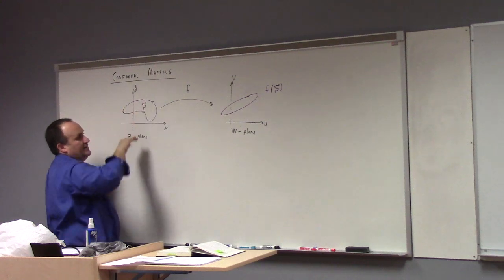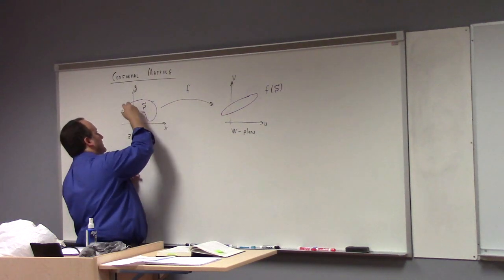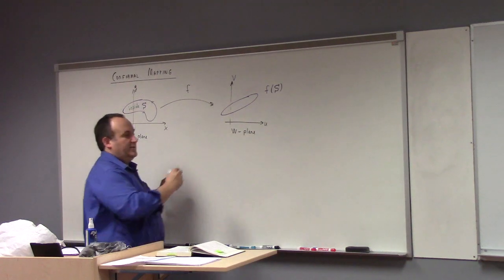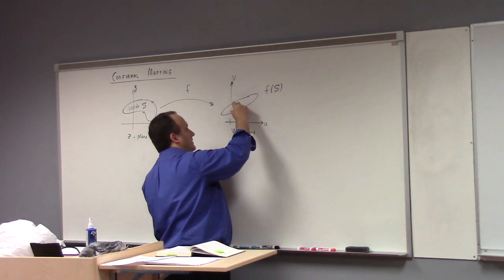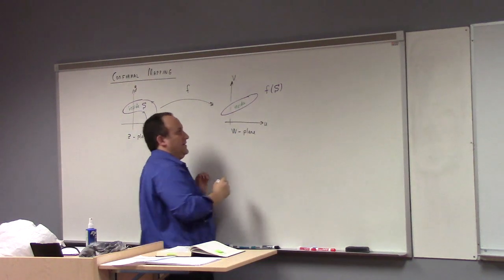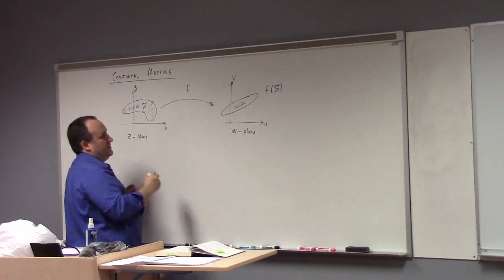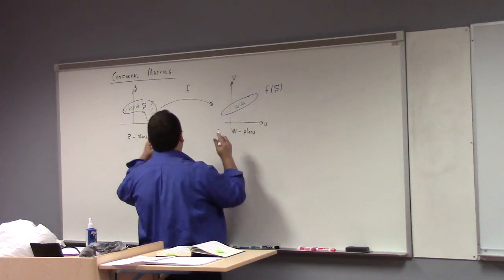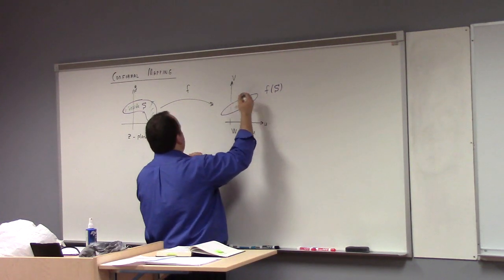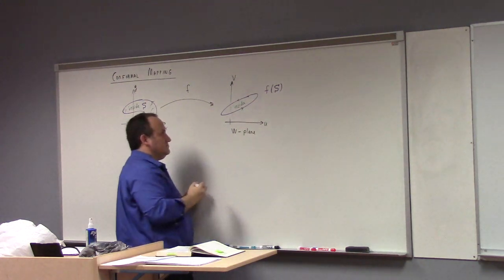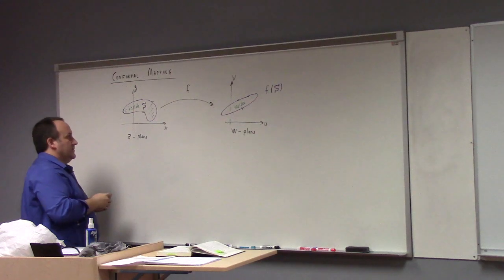So like that way. And it turns out that it takes the inside in here over to the inside over here. So it's not just that it maps the edge, it also maps the interior as well.